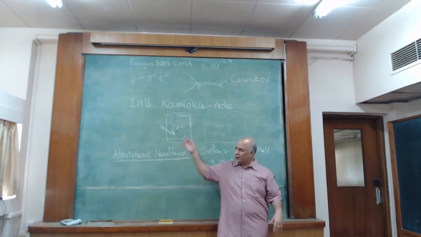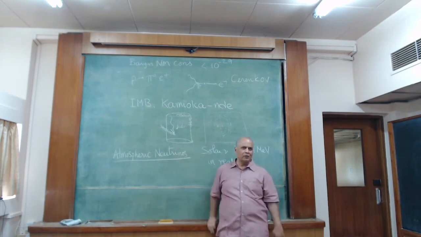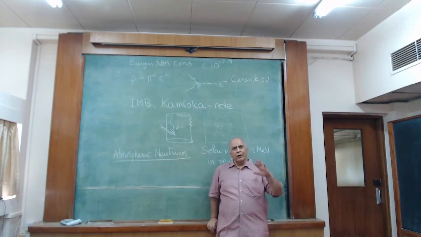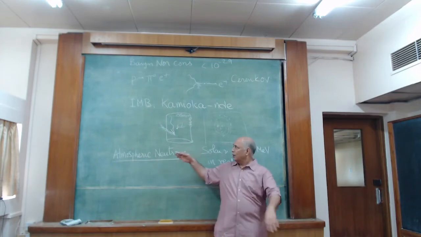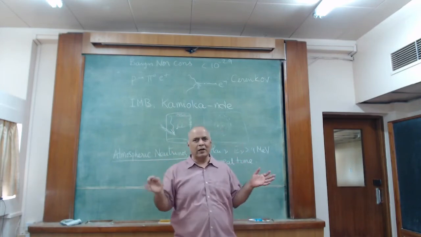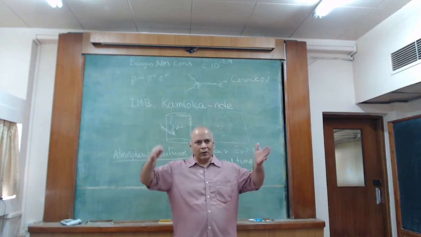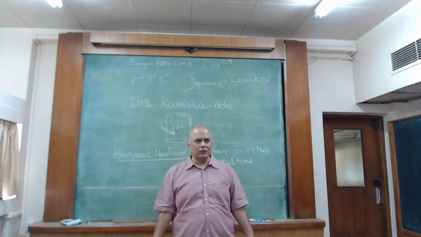So if you look at the older papers, you see a reference to that paper for the next 10 to 15 years. And only after that, I think both IMB and Kamiokande set up a systematic program to do Monte Carlo calculations of atmospheric neutrino fluxes.